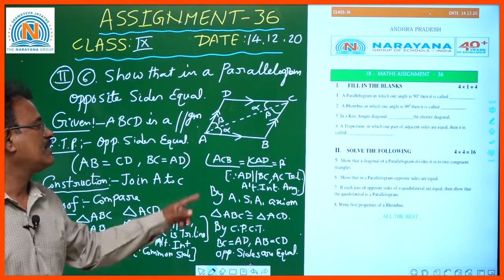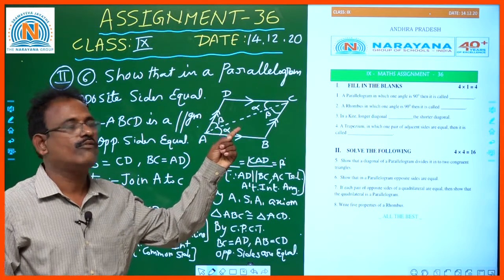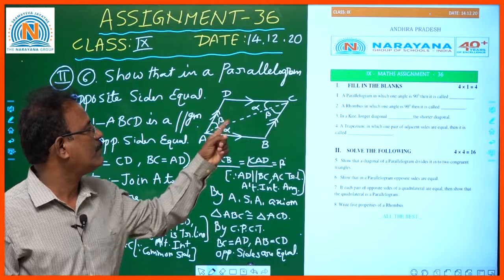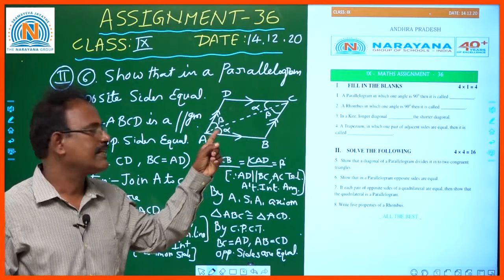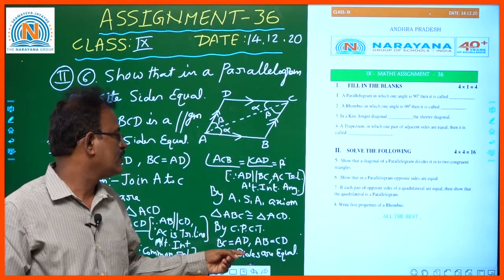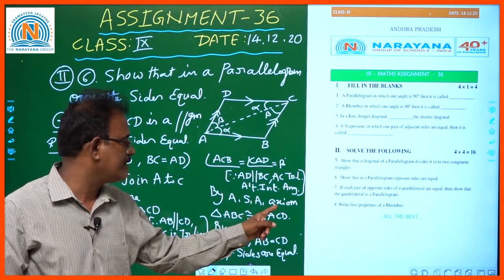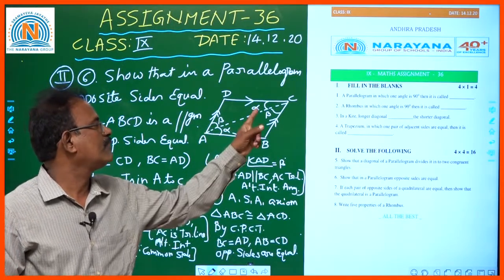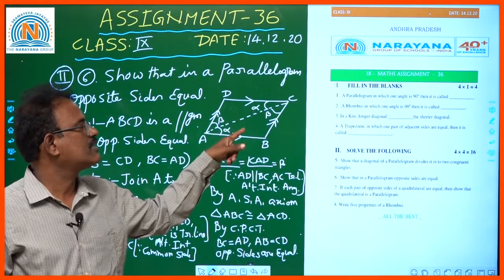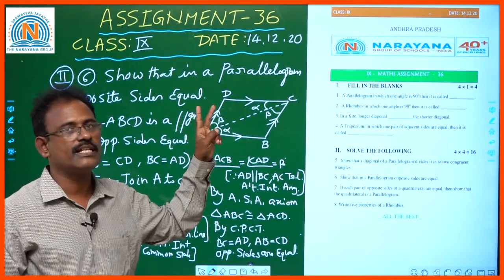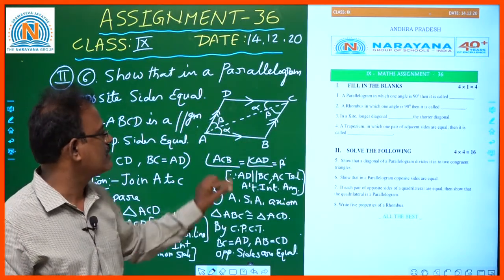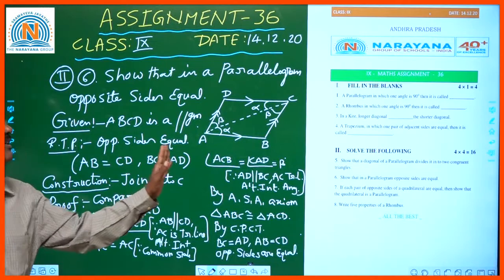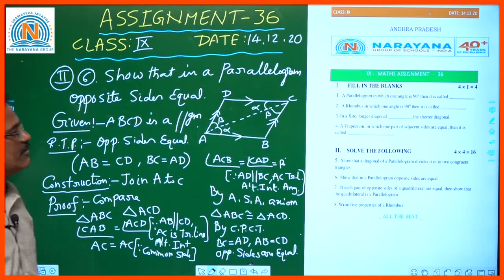So by using the congruency of triangles, we are able to prove the property of a parallelogram, which is nothing but opposite sides in a parallelogram are equal. This is our question number 6, children.